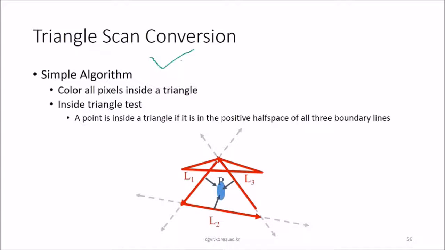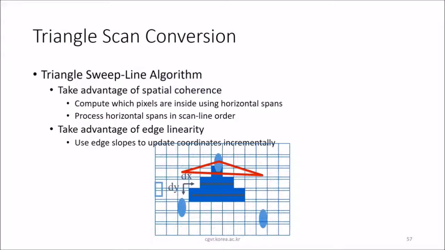This is a very simple algorithm. We color all pixels which are inside the triangle. So we have to apply the inside triangle test. A point is inside a triangle if it is on the positive half plane of all three boundary lines. Okay, a simple test. In the triangle sweep line algorithm, triangle scan conversion, we take advantage of spatial coherence.